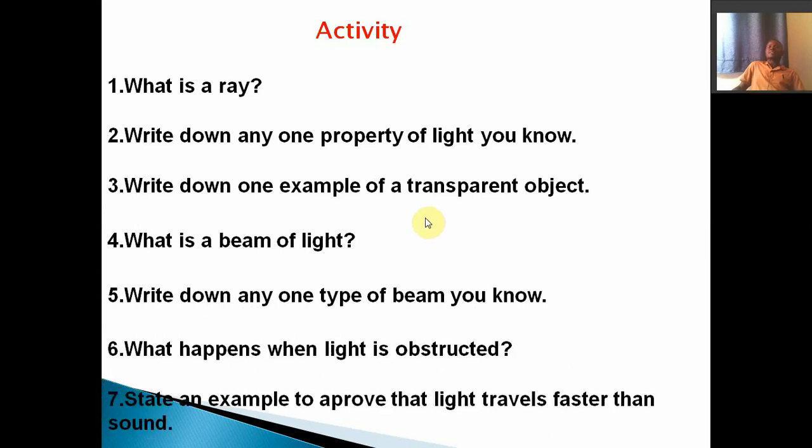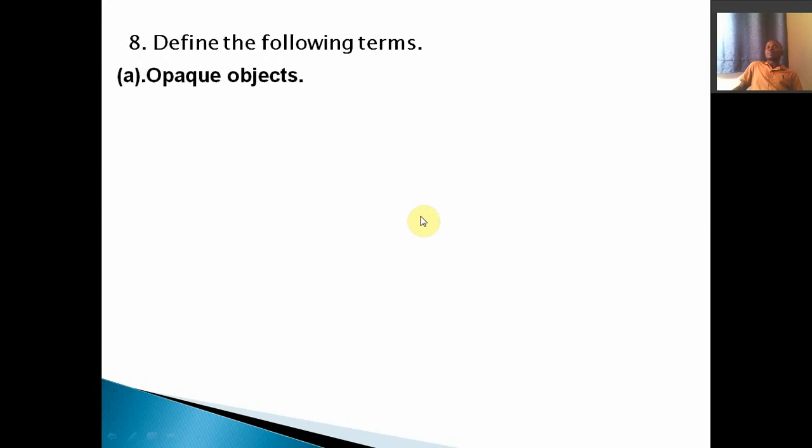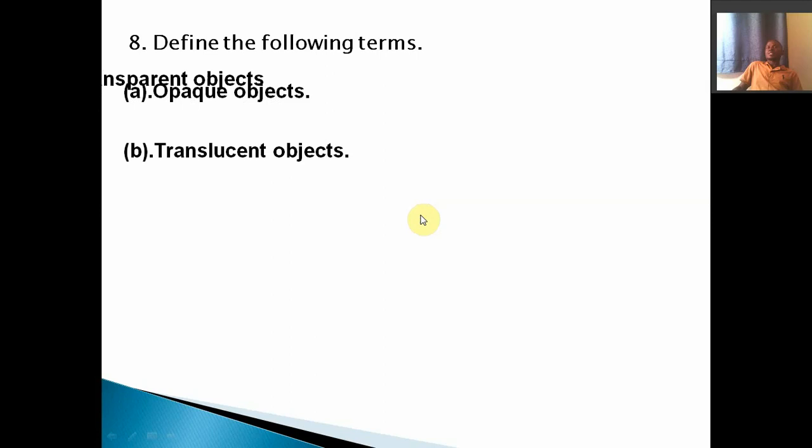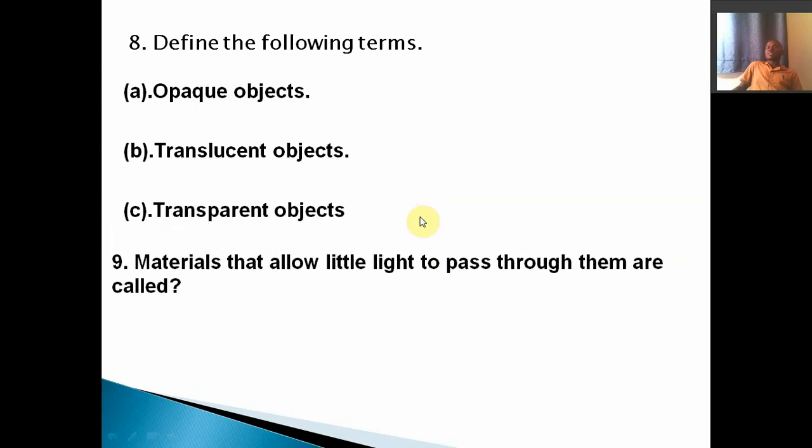Question number 7 says, state an example to prove that light travels faster than sound. Number 8 says, define the following terms: opaque objects, translucent objects, then transparent objects.